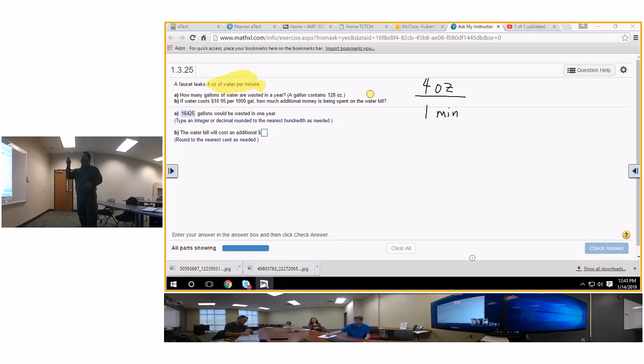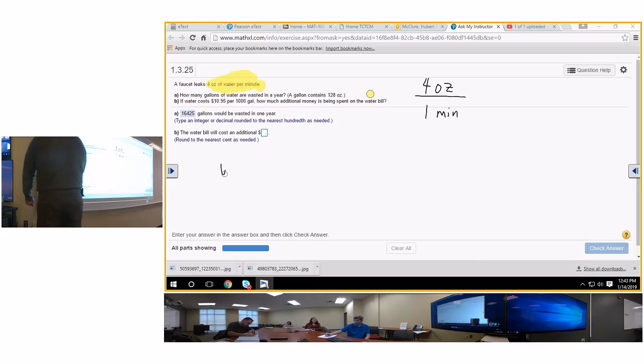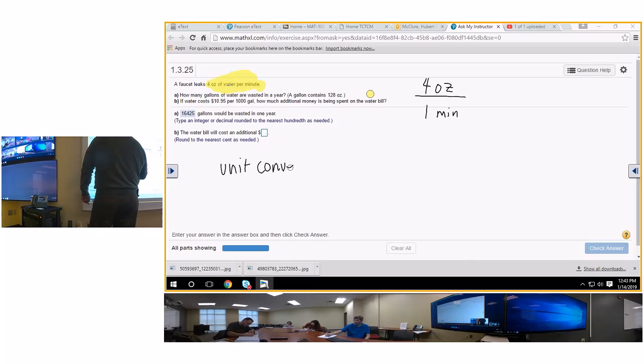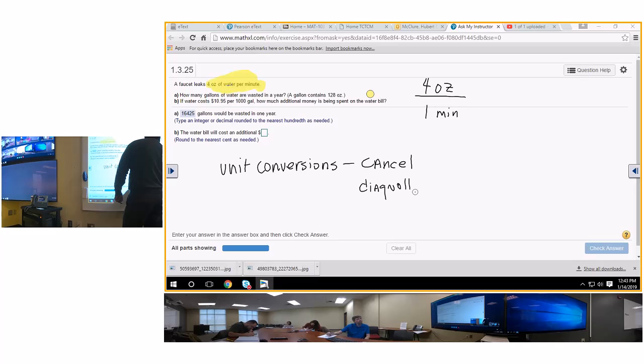Now, with unit conversions, and that's what this is, you need to make sure you understand that unit conversions basically cancel diagonally.